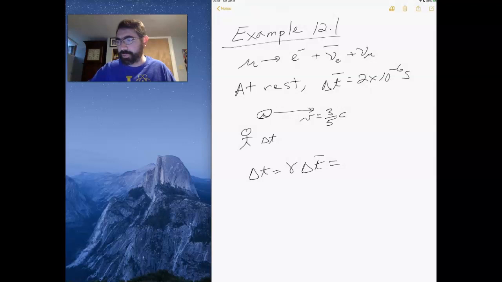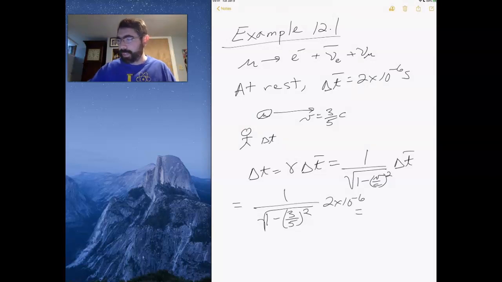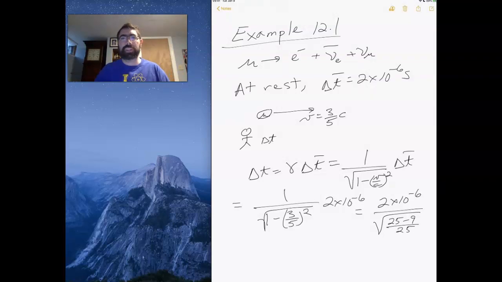And gamma, we said, was 1 over the square root of 1 minus (v over c) squared, times delta t bar. So that turns out to be 1 over the square root of 1 minus 3/5 squared, times 2 times 10 to the minus 6, or 2 times 10 to the minus 6 divided by the square root of 25 minus 9 over 25. 25 minus 9 is 16.